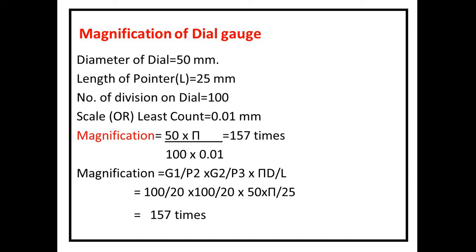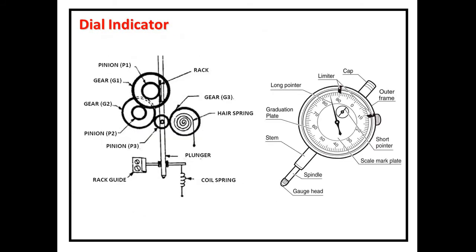In this example, various values are taken, and the magnification is calculated as 157. So if there is a movement of 1 mm at the gauge head or at the bottom of the plunger, that movement gets magnified 157 times and is shown on this dial gauge.